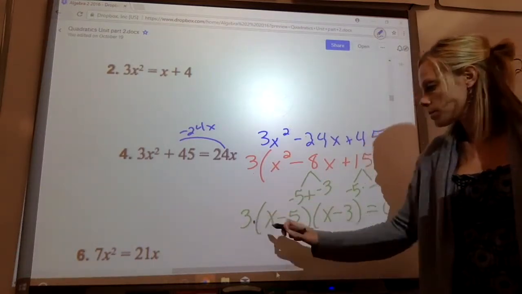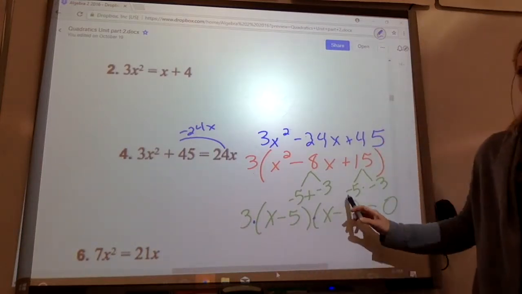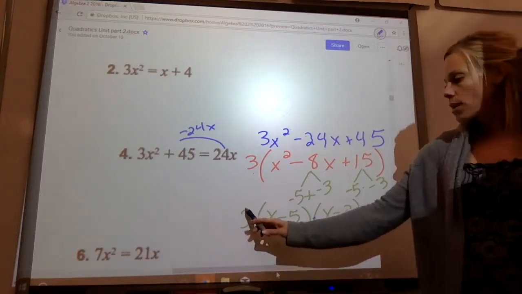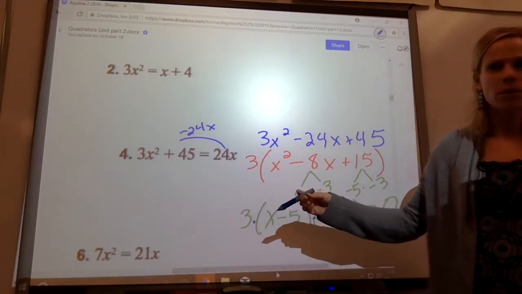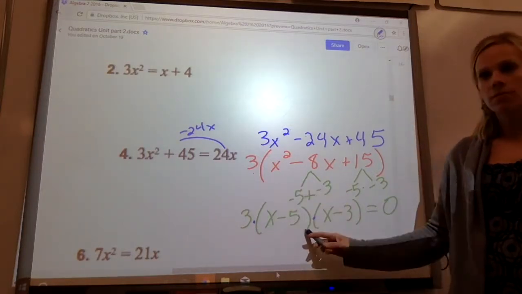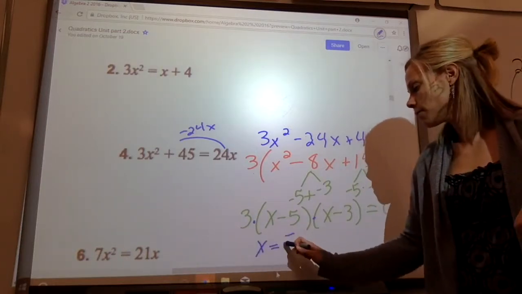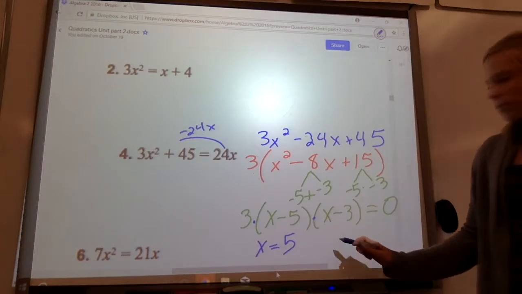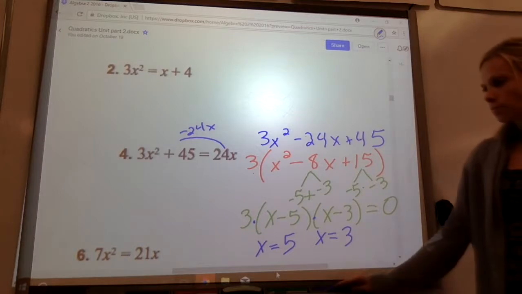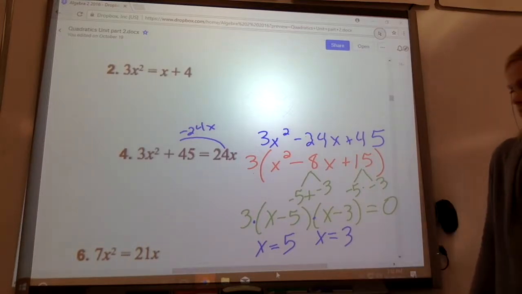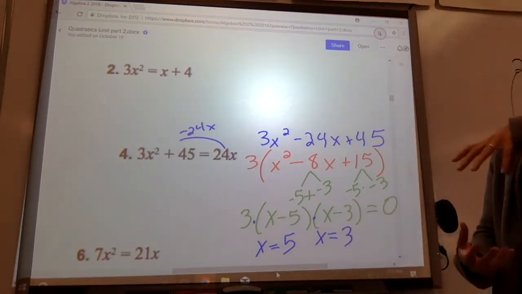So this is where I'm multiplying 3 times x minus 5 times x minus 3. 3 is one of the things getting multiplied, but I really can't make 3 a 0, so we're not going to worry about that. But I can make x minus 5 a 0 by putting what value in for x? 5. And I can make x minus 3 0 by putting in what value? 3. There's your answers. The 3 doesn't mean anything? It just means vertical stretch of 3, and stretches and compressions won't change your roots.